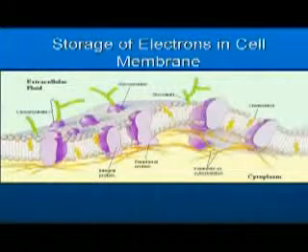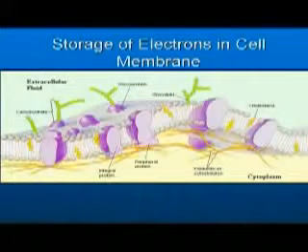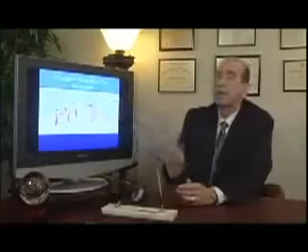And so our cell membranes are made up of a layer of electron conducting, another layer of electron conducting, separated by an insulator. Well, any place in the universe you have two conductors separated by an insulator, it forms what's called a capacitor. A capacitor is simply a device that's designed to store electrons. And so the cell membrane that surrounds every cell is the cell's battery pack. It stores voltage for the cell to use to do its business.